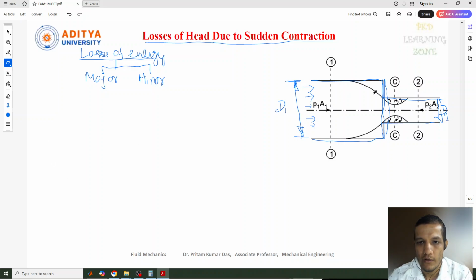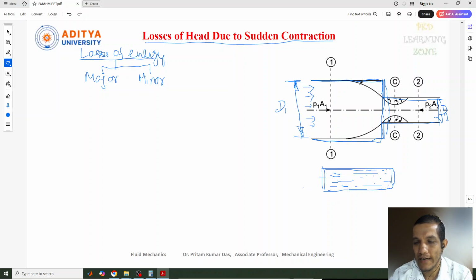Now in the pipe with d1, if the same diameter continues, we can see the fluid covers all of the surface of the pipe. It moves fully developed, in contact with the whole surface of the pipe.